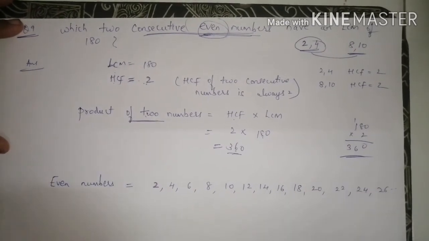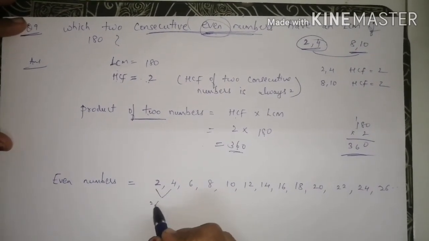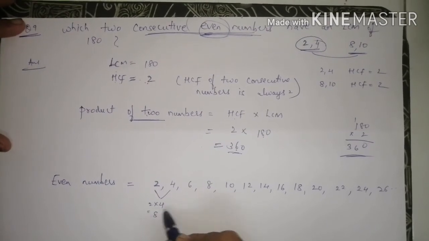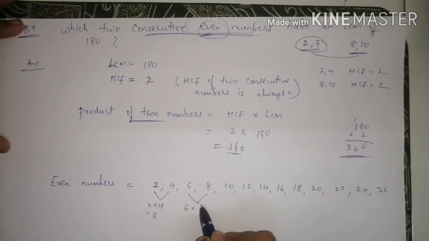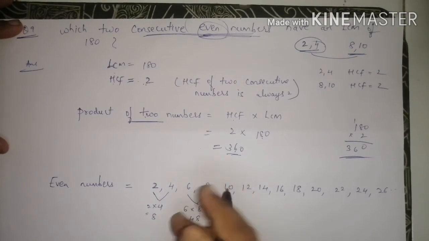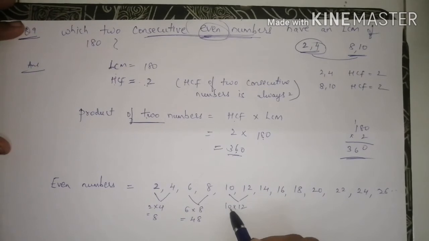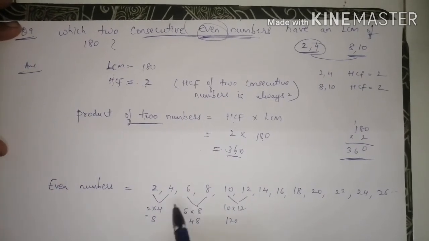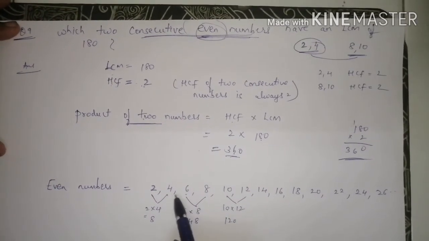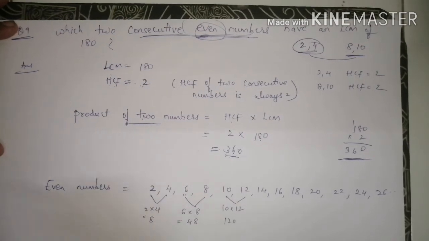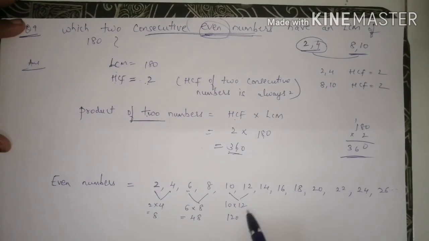Let's find out. 2 into 4, 2 4s is 8. 6 into 8, 6 8s is 48. We want 360. 10 into 12, 12 10s is 120. 4 6s is 24. It is still far from 360, so we'll move a little ahead.